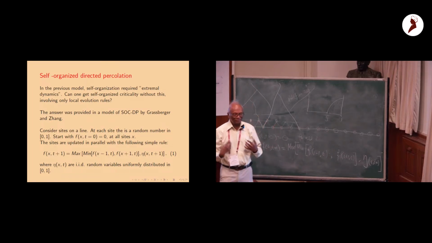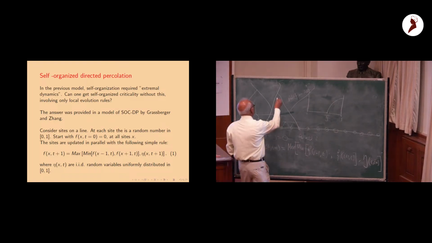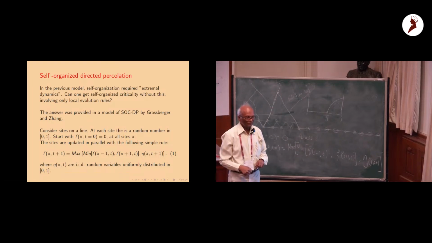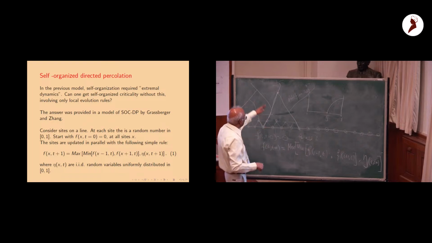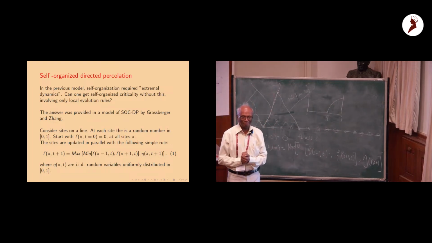which are the red cluster. So I go to a site and I try to draw a path downward. And there are many paths, and I will try to find the path for which the largest value of eta along the path is as small as possible.